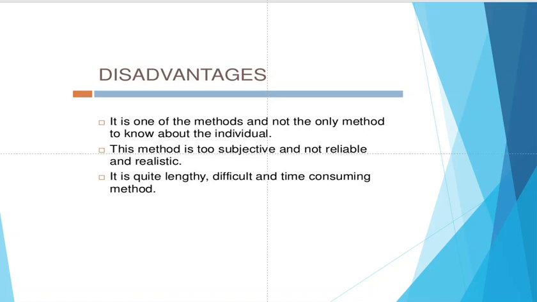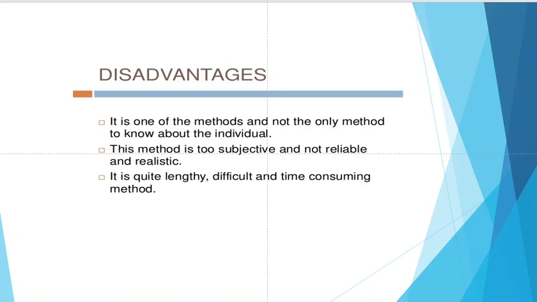After that, there are some disadvantages of the cumulative record. It is one of the methods and not the only method to know about the individual. So on the basis of the cumulative record alone we cannot judge the student. This method is too subjective, and not relevant and realistic.